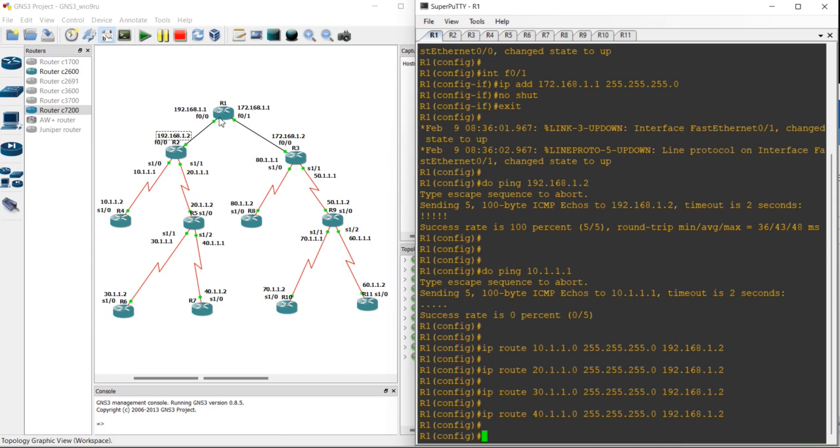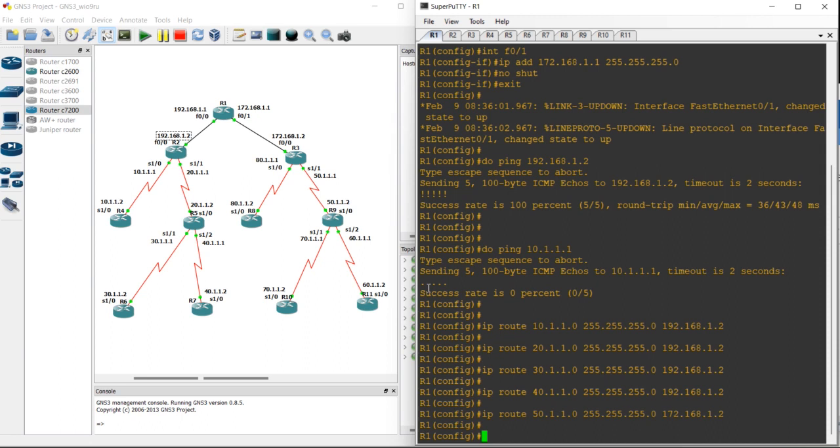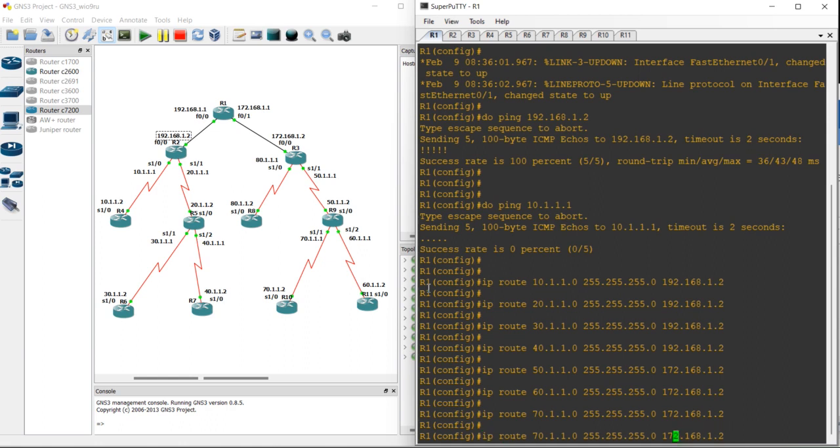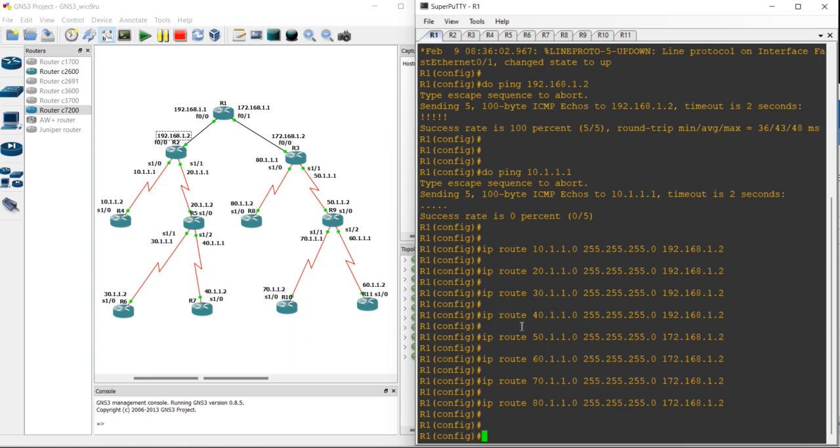Now we want to communicate from router 1 with 50, 60, 70 and 80. So the exit IP is 172.168.1.2, and the network addresses you want to communicate with are 50, 60, 70 and 80. Okay, done on router 1.